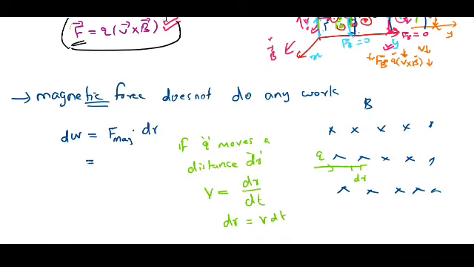Here I write this force as F magnetic, that is nothing but Q into V cross B. Instead of dr, I can write v dt.